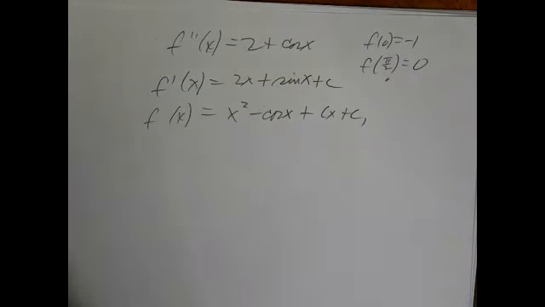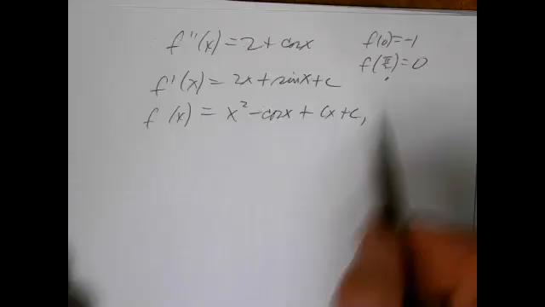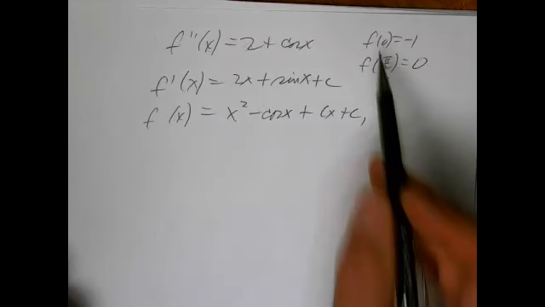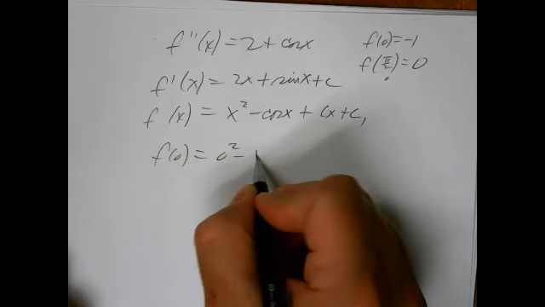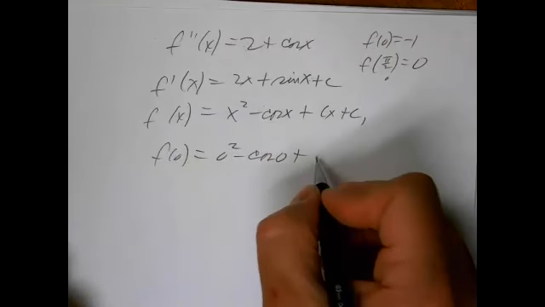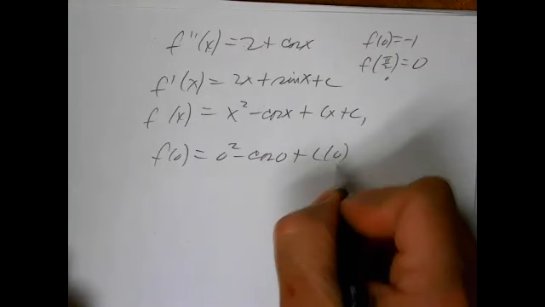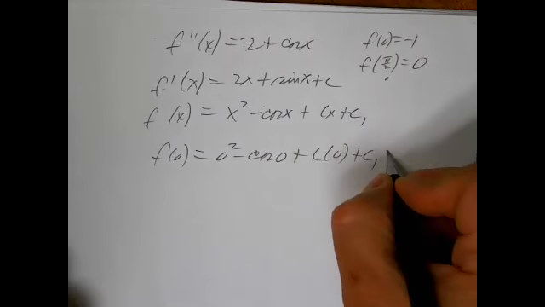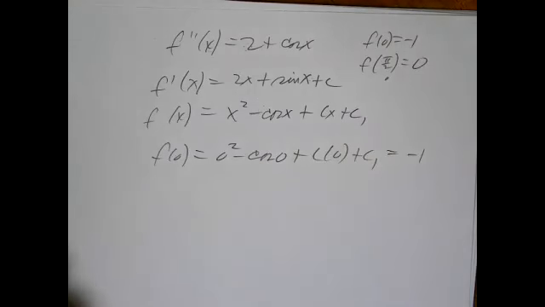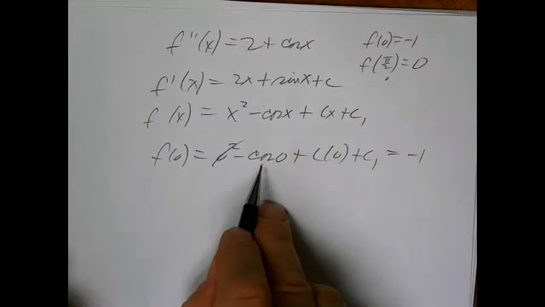So what am I going to do with that information? Well, the first thing I'm going to do is plug in a 0. F of 0 would be 0 squared minus cosine of 0 plus a constant times 0 plus C1. And f of 0 has been given to me to be -1. Well, this is 0, and what's cosine of 0?